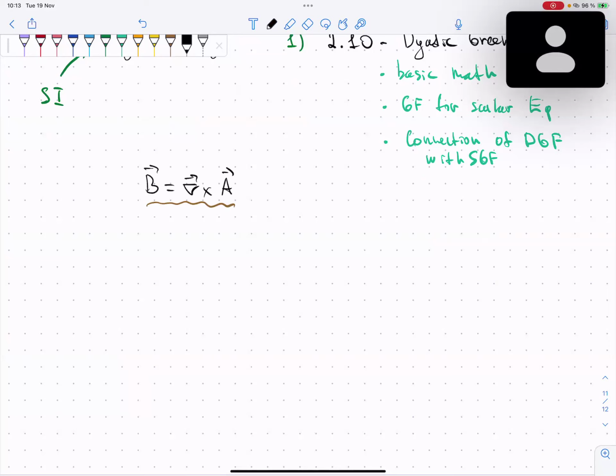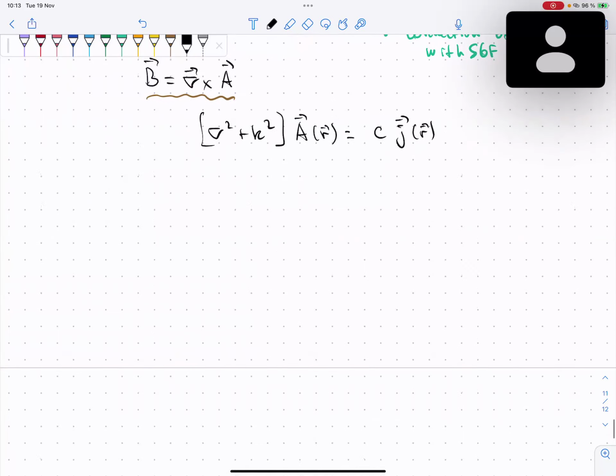In a nutshell, from Maxwell equations you can derive the Helmholtz equation for this vector potential, which will look something like this: some proportionality coefficients, which I don't remember, multiplied by the current j(r). And you can calculate this vector potential using just the Green function for the scalar Helmholtz equation.